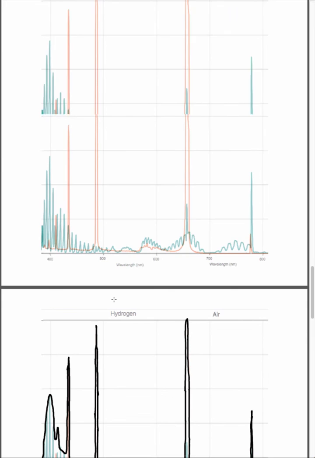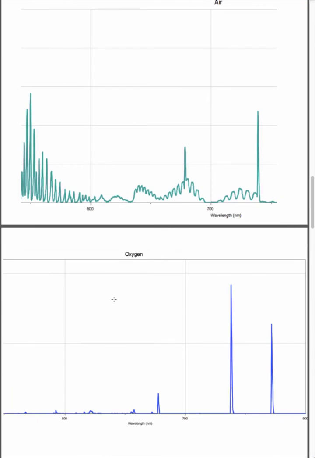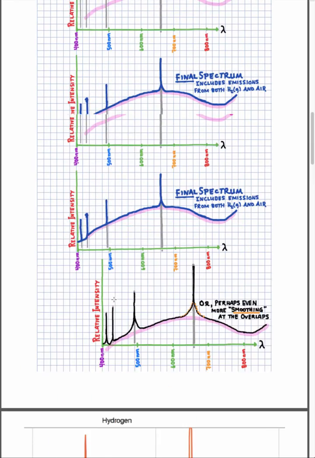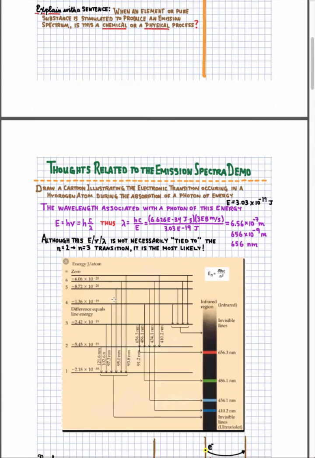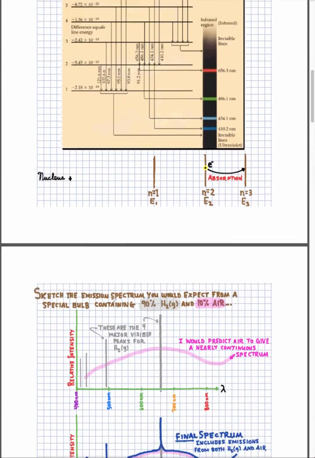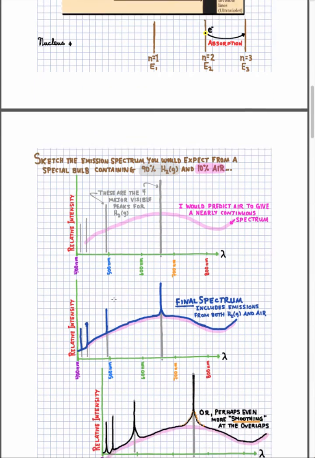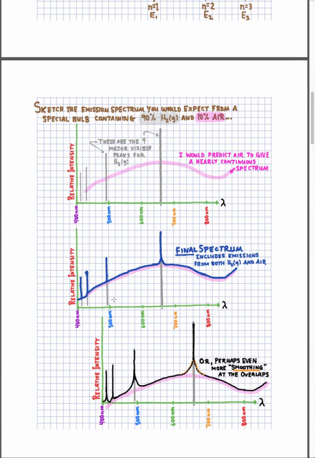I wanted to mention this question here has a much simpler answer, and if anyone thought of it, congratulations, you're thinking globally. Sorry about this. Right here, this question: sketch the emission spectra you would expect from a special bulb containing 90% hydrogen and 10% air. Of course, in that 10% air, 20% of it is oxygen.